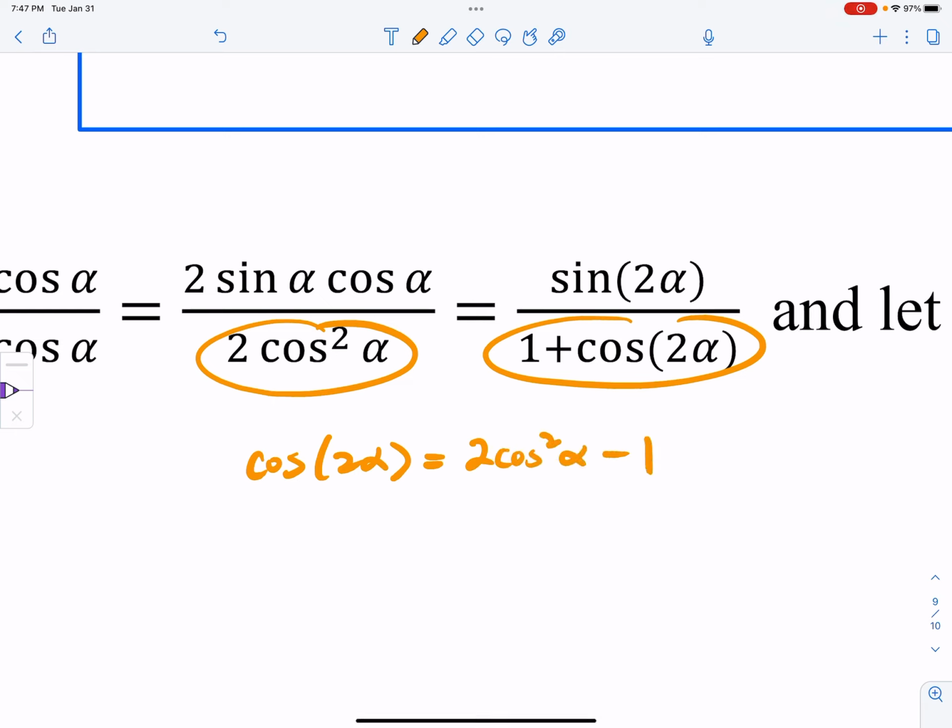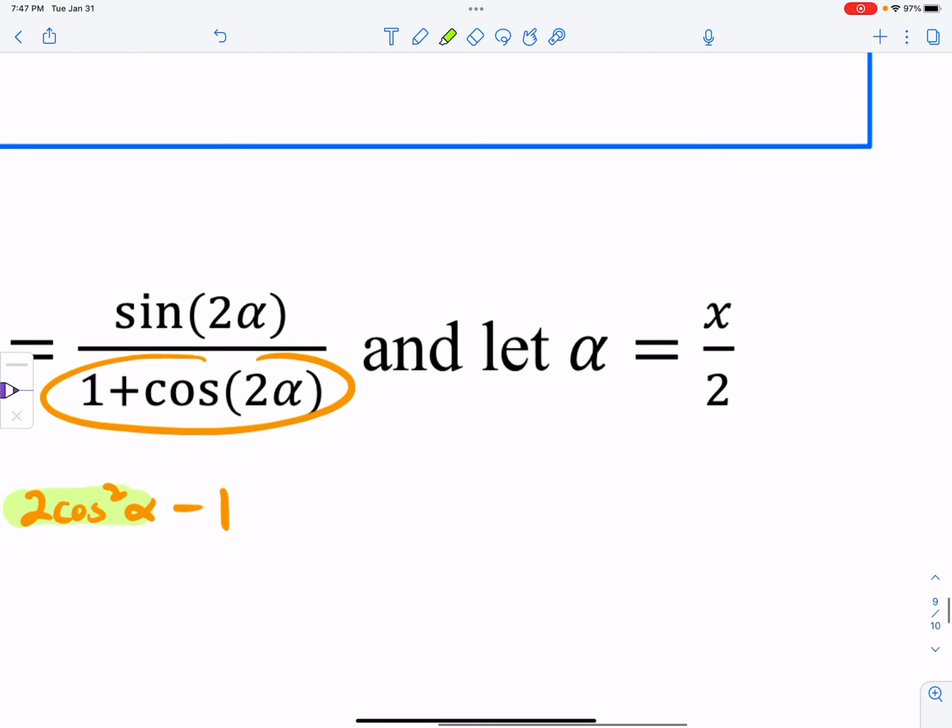So if we were to add 1 to both sides, then we can replace this with 1 plus cosine 2 alpha.